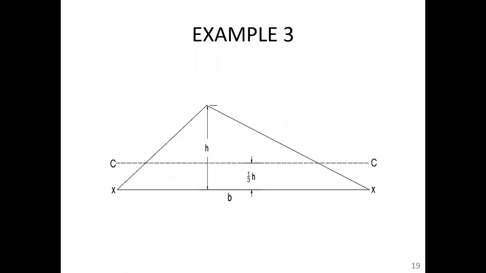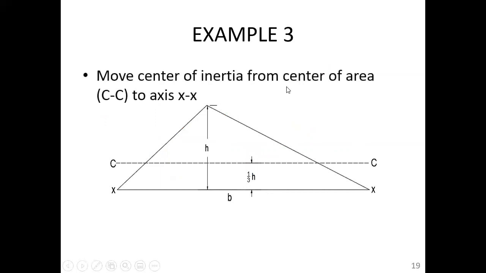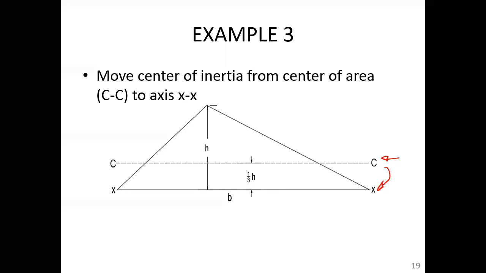Maybe some of that gray matter has been killed, but let's just do a quick example. You have, from the back of your book, the moment of inertia is 1/36 bh cubed. Here's a triangle. So we have the moment of inertia about the centroid, and we want to move it down to here.